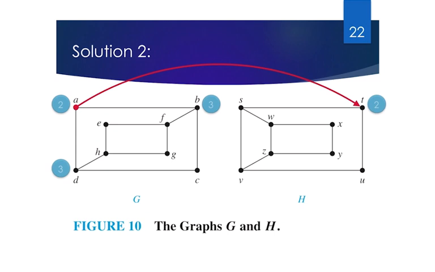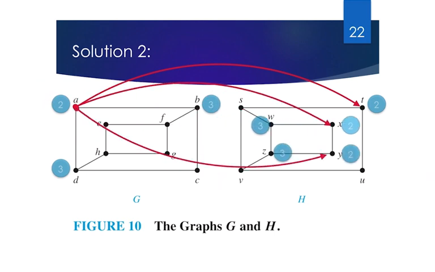To see this, note that because the degree of A equals 2 in G, A must correspond to either T, U, X, or Y in H, because these are the vertices of degree 2 in H. However, each of these 4 vertices in H is adjacent to another vertex of degree 2 in H, which is not true for A in G. You can simply see now they are mapped to a vertex with degree 2, but they are adjacent to a vertex with degree 3.